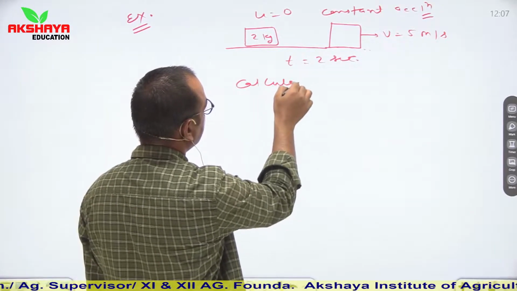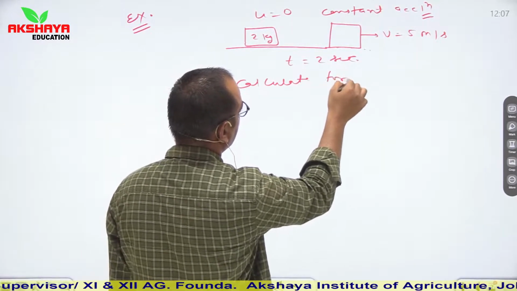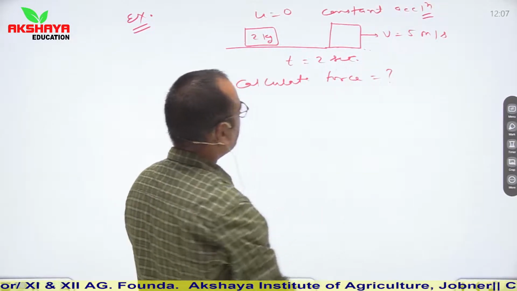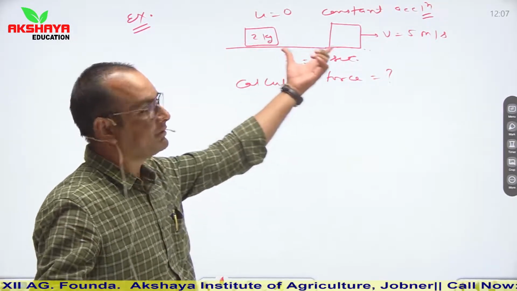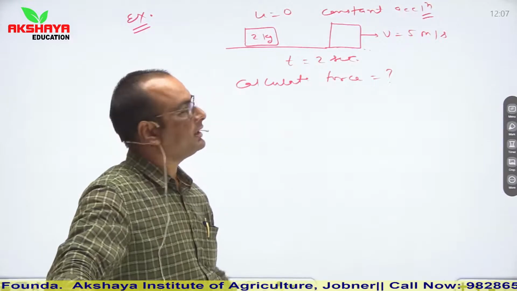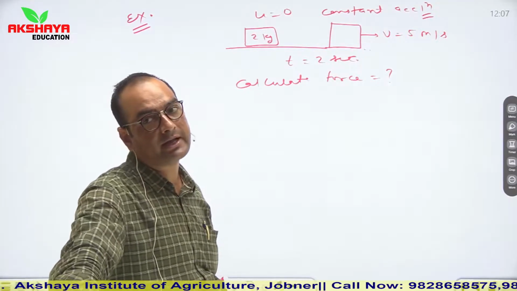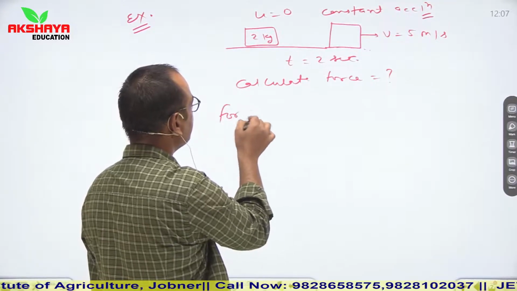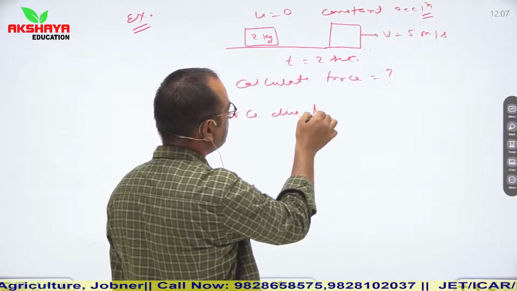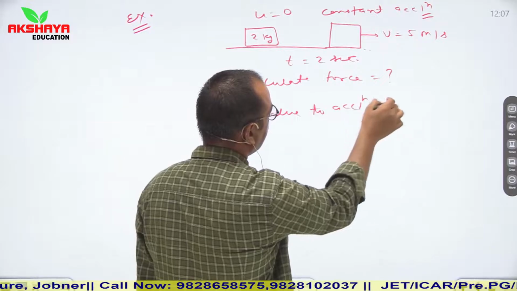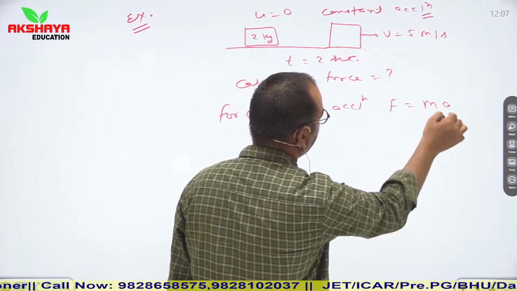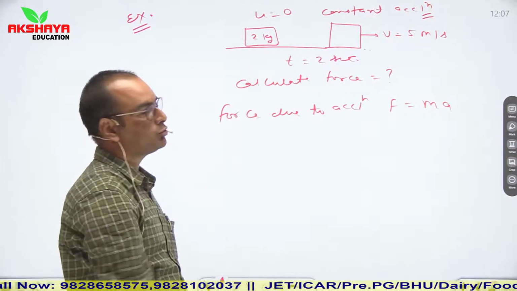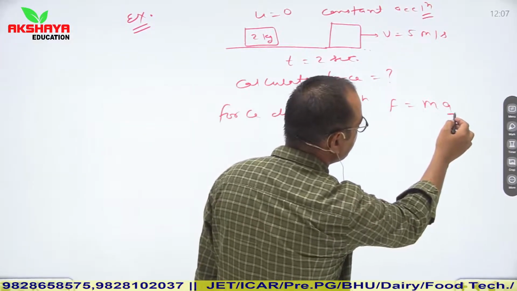Calculate force. Now we are given the initial velocity, final velocity, and the time interval in which the final velocity becomes 5 meter per second. So we know that the force due to acceleration is F is equal to ma. We are given the mass of the body, 2 kg, but acceleration is not given to us.